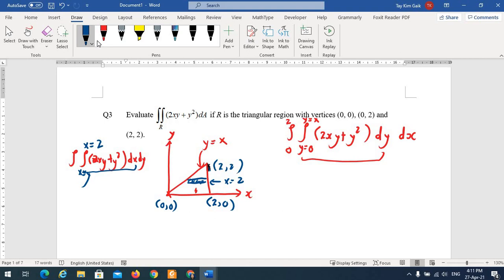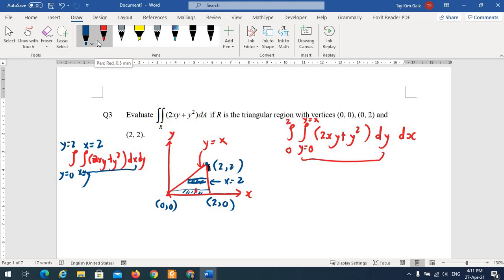The inner integral is where you find the area of one horizontal bar. After that, we sum the area of the horizontal bars from the bottom, which is y equal to 0, up to the topmost point, which is y equal to 2. So this is the limit if you use dx dy.